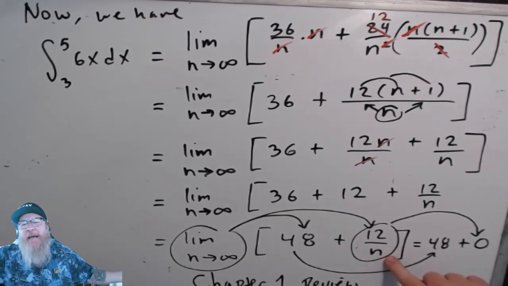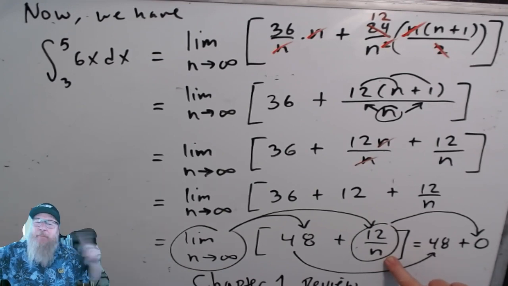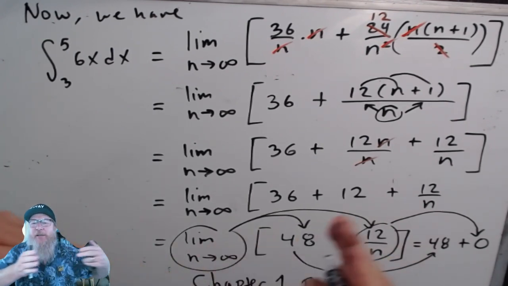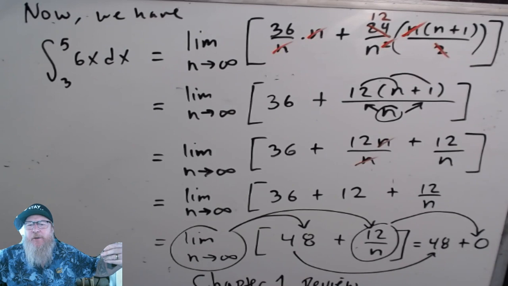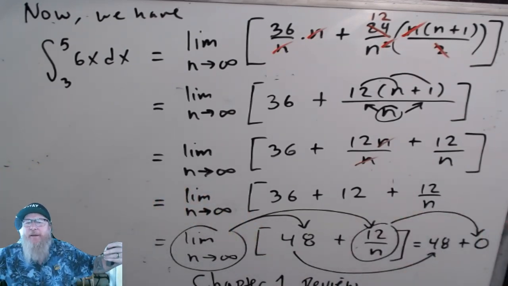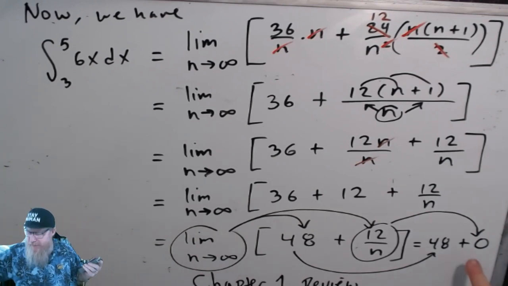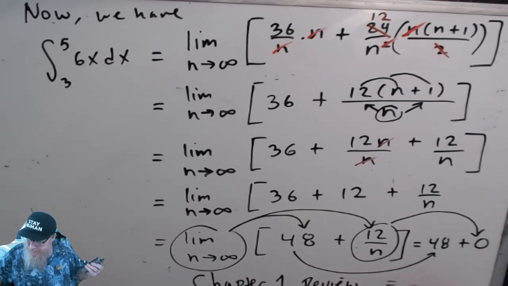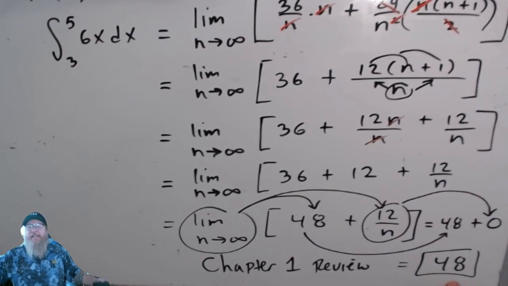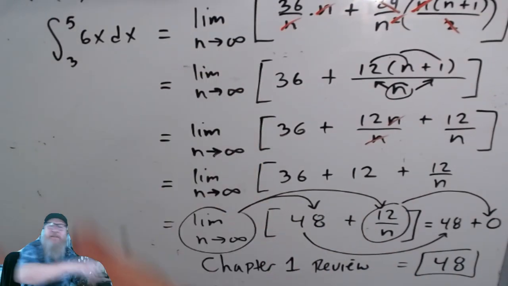Well, you can't put that into your calculator, right? But you can put 12 divided by a million, or 12 divided by a billion, and you're going to get 0.000000001 or something. A very, very tiny number, which is approximately 0. And so the answer is exactly 48. This is no longer an approximation. This is the exact answer for this limit.